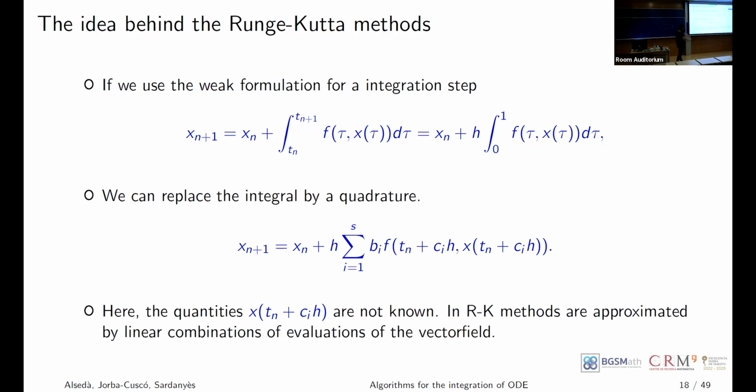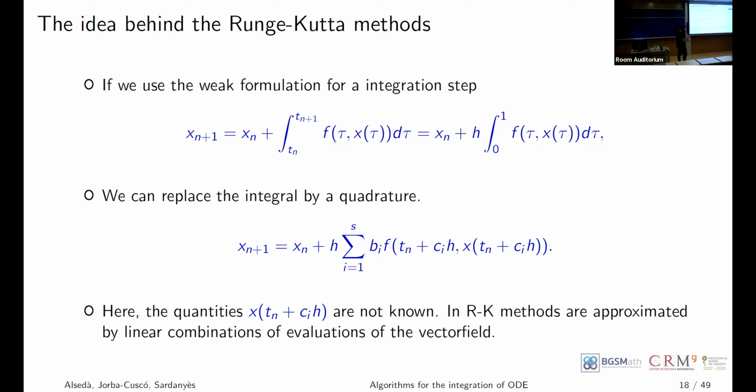So the quantities in which I am evaluating the vector field are not known. Okay. So the idea here, and I won't enter into details again, is that we use linear combinations of the vector field, similar to the one step of Euler, to approximate these quantities.